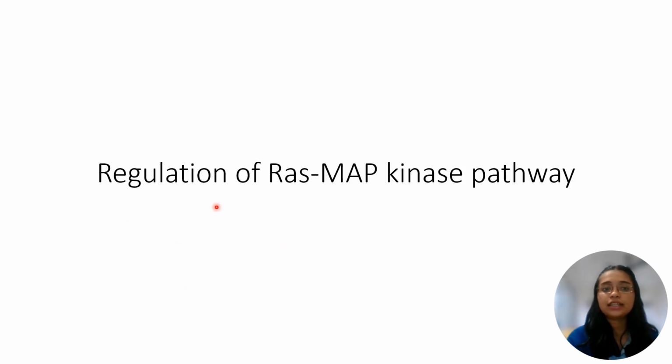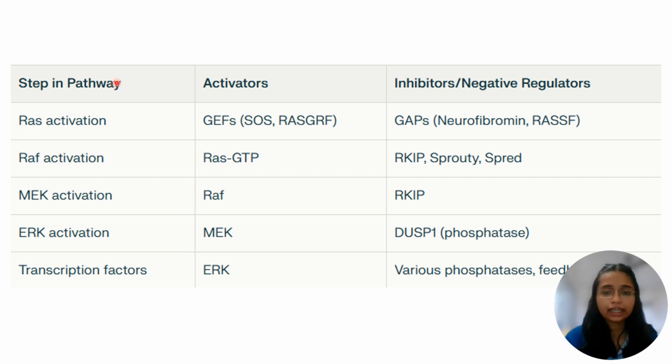So now let's see the regulation of the Ras MEK kinase pathway. In this table, in this column, we can see the steps of this pathway in which different proteins get activated step by step, and these are the activators which help the activation of the protein at every step.